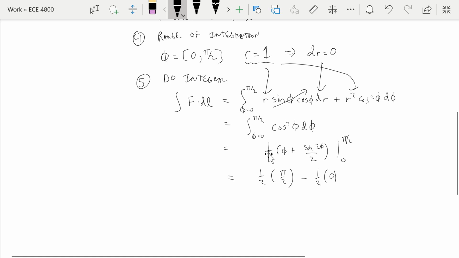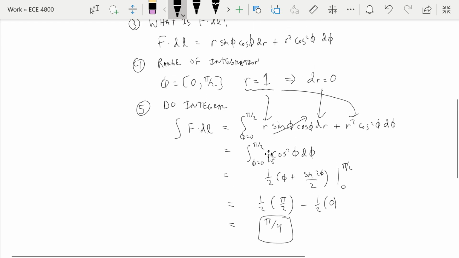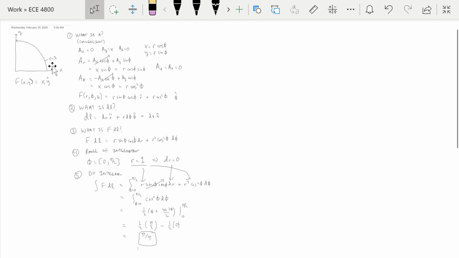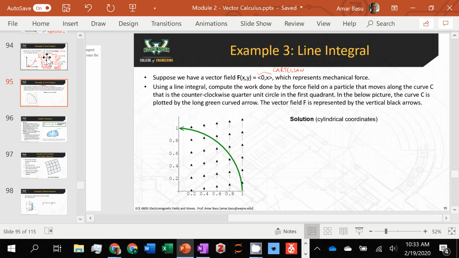You get 0 for both of these terms, and so you're left with pi over 4 as your line integral. Okay, so this is your final answer here. So we took the line integral of this vector field dotted with dl over this quarter circle like this.